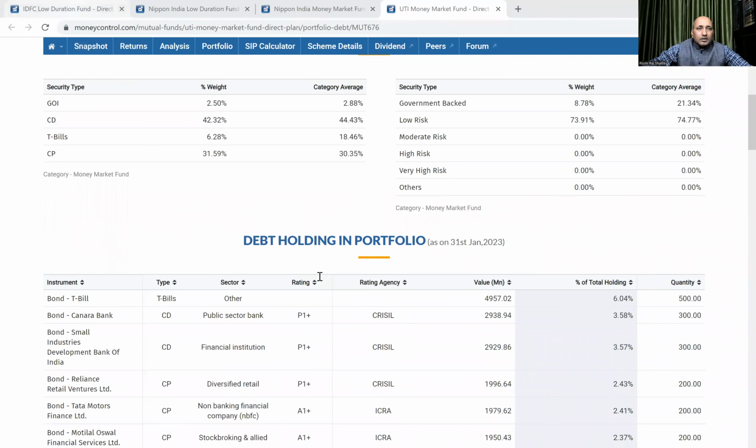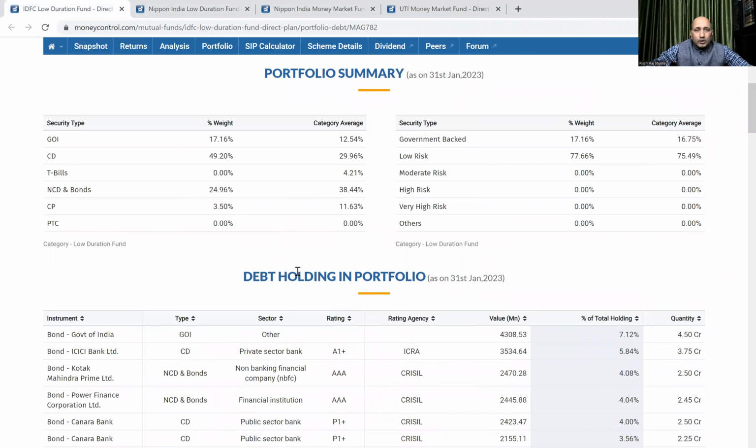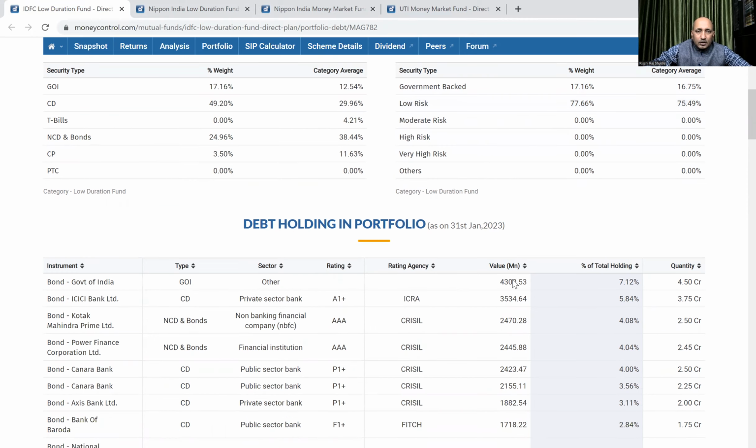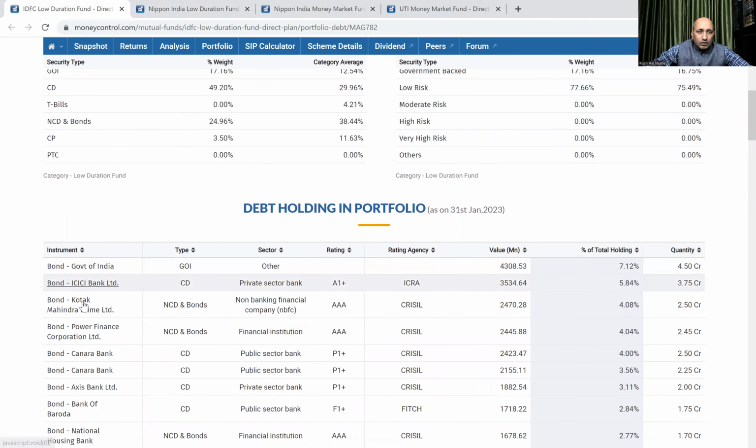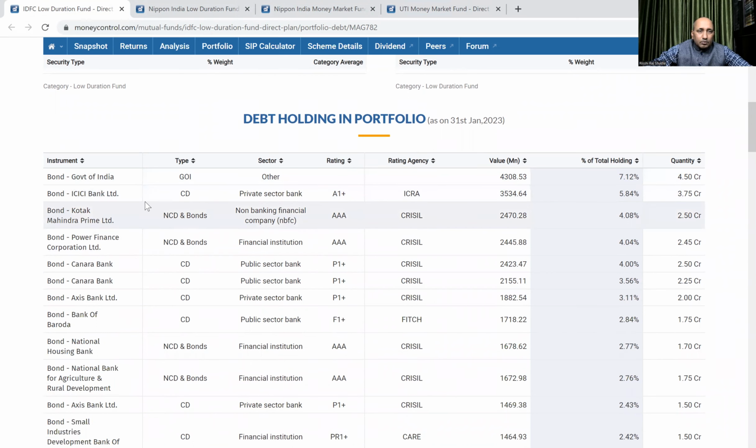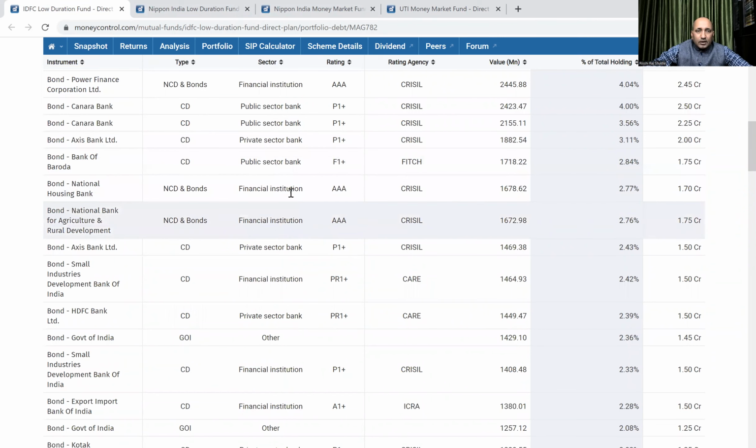Let us see a real example. This is the IDFC low duration fund. Here we can see government backed security at 17.16% and low risk at 77.66%, against the category average. If you deep dive into the debt holdings in the portfolio, we can see Government of India bonds, CDs, NCDs, all highly rated, and they have invested across public sector banks.